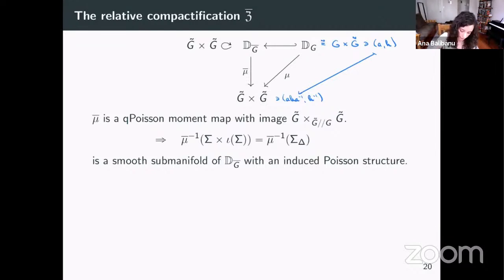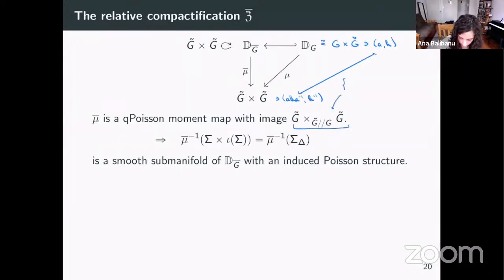And the image of the moment map mu was just pairs (G, H) such that G was conjugate to H inverse. And the image of mu bar is going to be the closure of this variety inside G tilde cross G tilde. So I've written here this notation, and I'll say what it means.